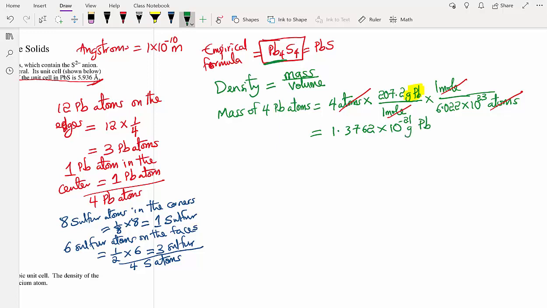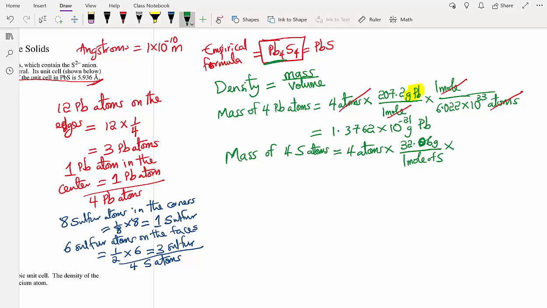Let us now move on to the mass of 4 atoms of sulfur. Mass of 4 sulfur atoms will be equal to, again, we have 4 atoms. 1 mole of sulfur will have a mass of 32.06 grams.